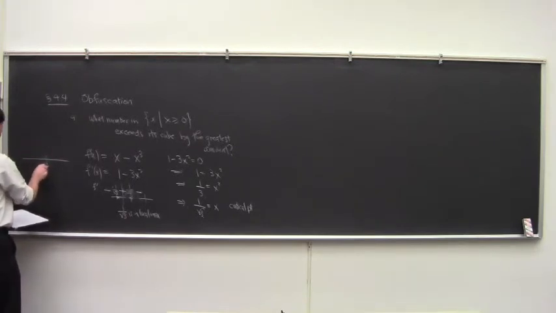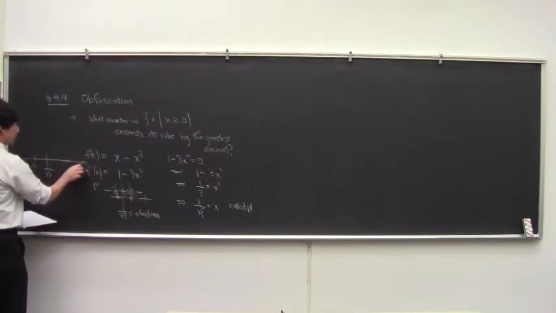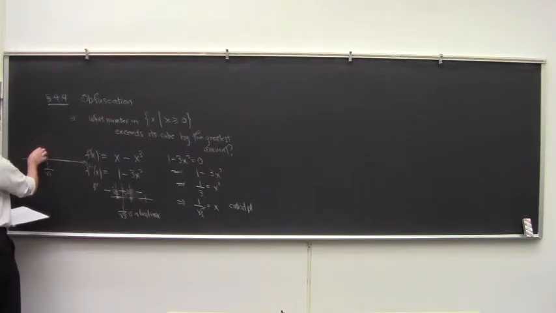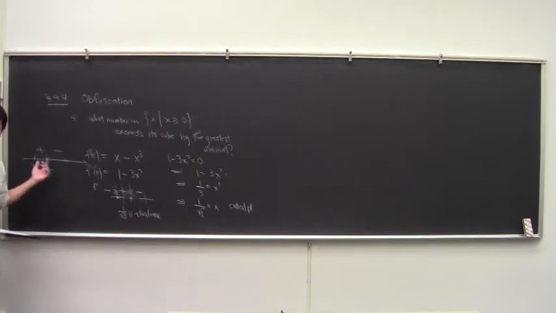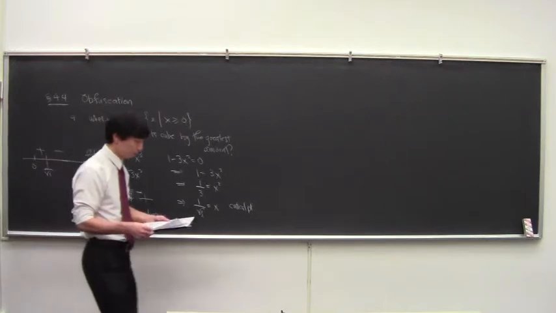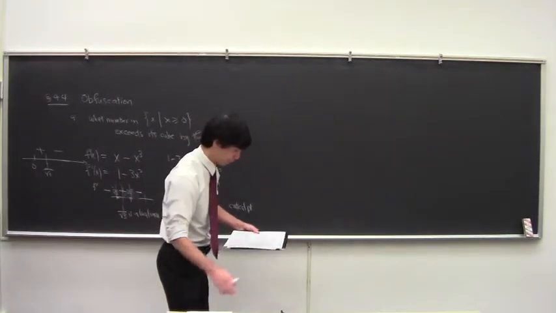Here's 1 over root 3, here's 1 over root 3, here's 0, goes onwards. The function increases up until a certain point, and then after that point it's always decreasing, so this has got to be the global max, and it's local and global.